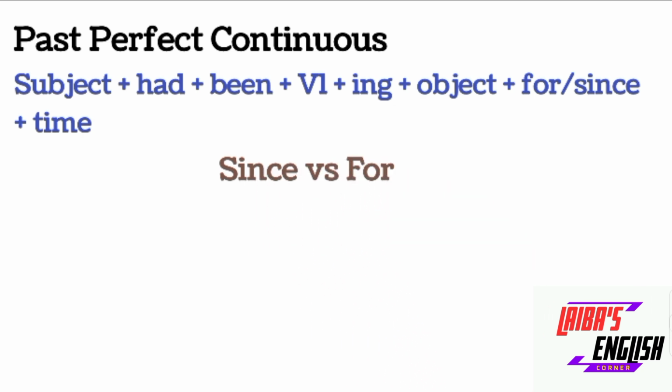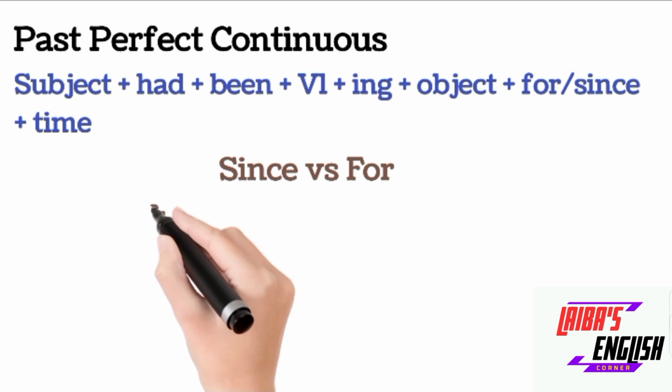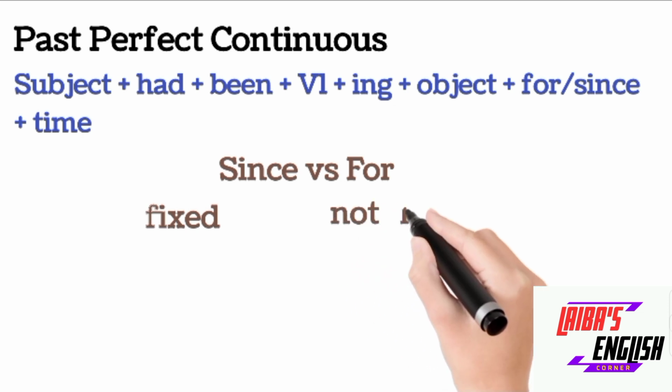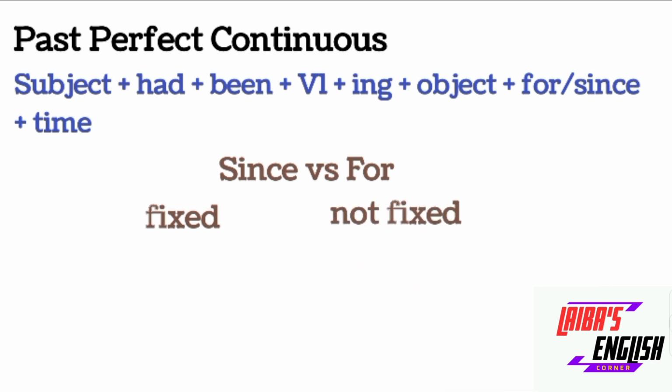So what's the difference between since and for? The difference is whenever we are going to use since, it means that we know the time exactly. It means the fixed time. But if we are going to use for, it means that we are not aware of the time. The time is not fixed.